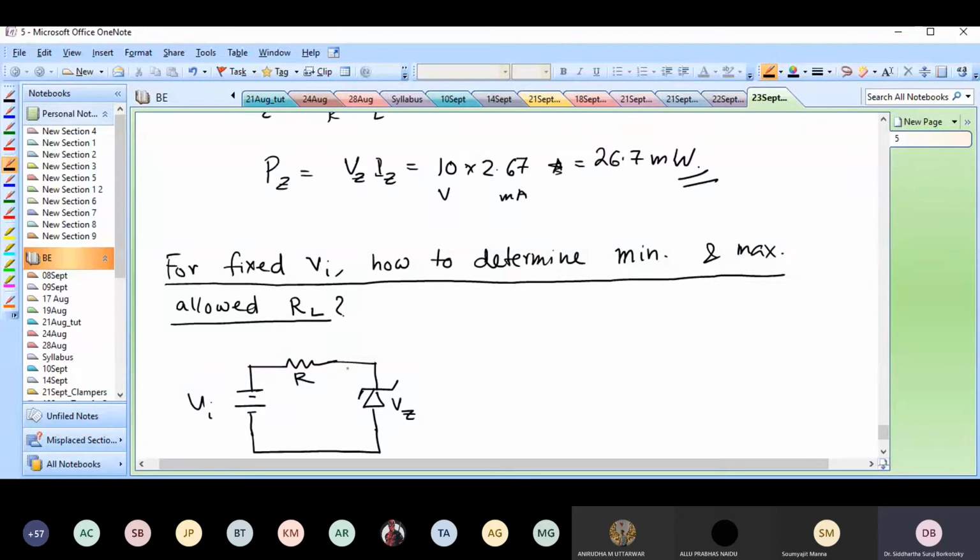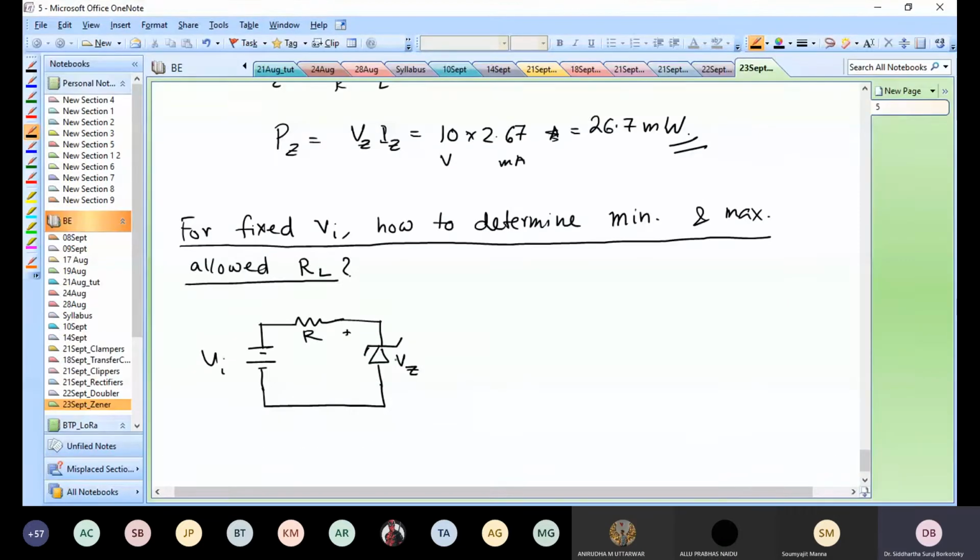There would be some voltage V across it if you don't have the terminal. Let's remove the V here, because we use V to denote the voltage when we have removed the Zener diode. So this is our regulator circuit.